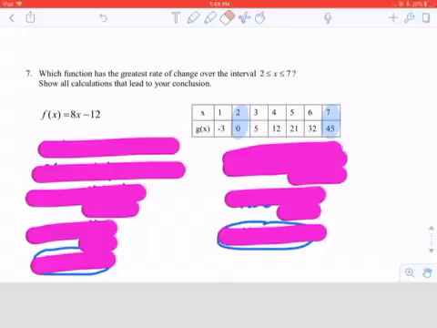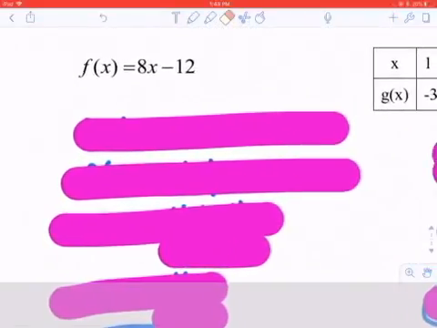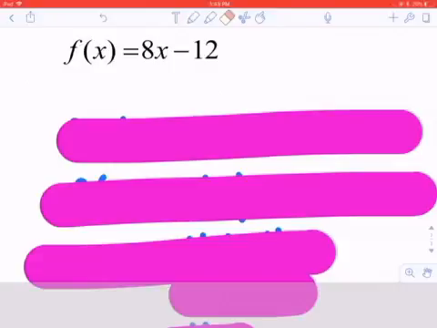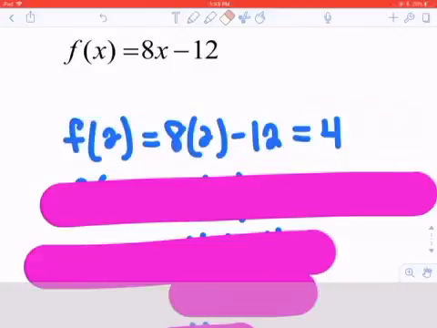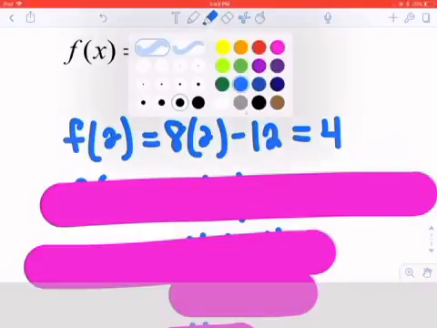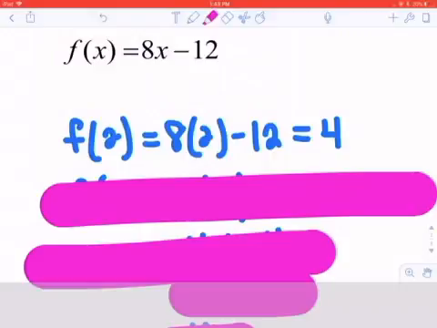So for my first function, which has an equation, I need to find f of 2. 2 is the input, and I need to find the output for an input of 2. When I substitute 2 in for x, I get 4.